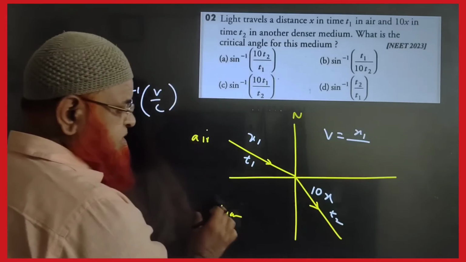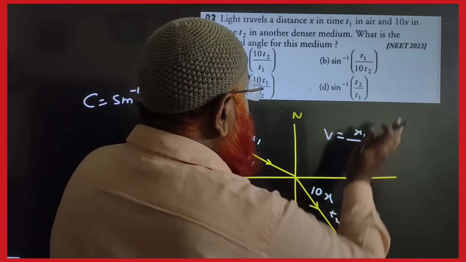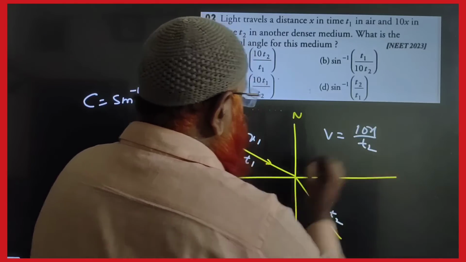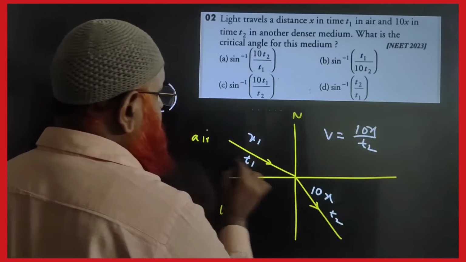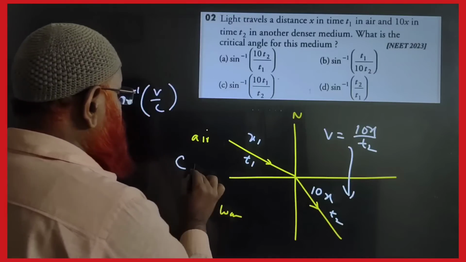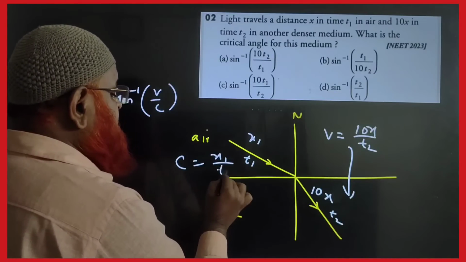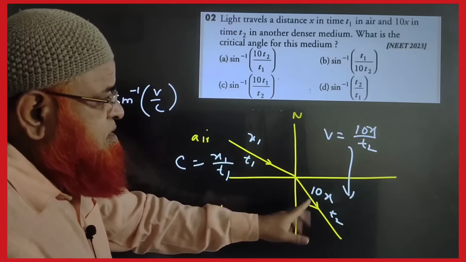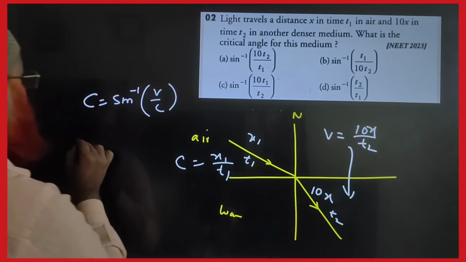So in water, what is happening? Distance 10x by t2. C means here, in air, x1 by t1. Velocity in medium is 10 times. Is it clear? So that's the same thing I am doing here.